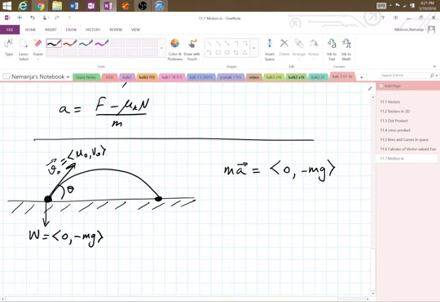So we have components of acceleration. If we divide both sides by m, which is the mass of the object, which stays constant at all times, we get that the acceleration vector is 0, negative g, which makes sense because that's the only acceleration that you have.